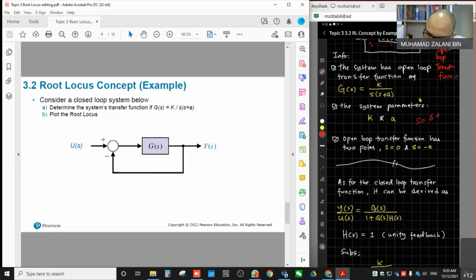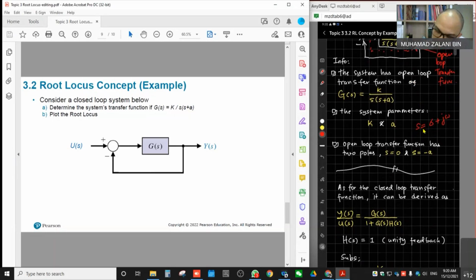S is sigma plus j omega, right? So S is a complex number, which is the frequency variable.